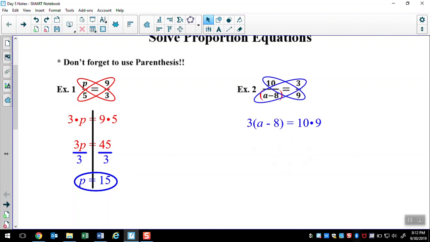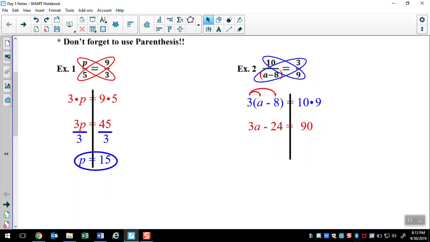Alright, so let's simplify. Let's start by simplifying the left side. So I have 3 times a, and then I have 3 times negative 8. So that gives us 3a minus 24. I check to see, can I do any more simplifying on this side? I can't, so now I'm going to come over here and simplify this side. 10 times 9 is 90. Alright, so now we can start our solve process.